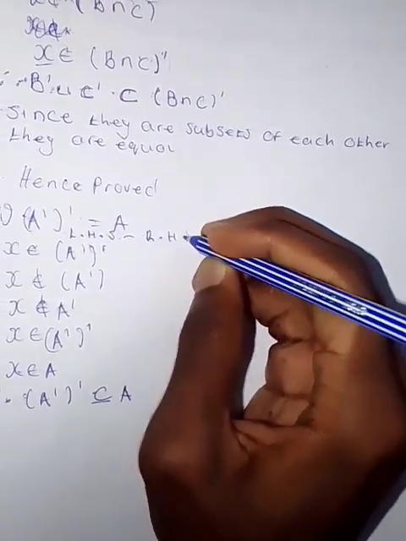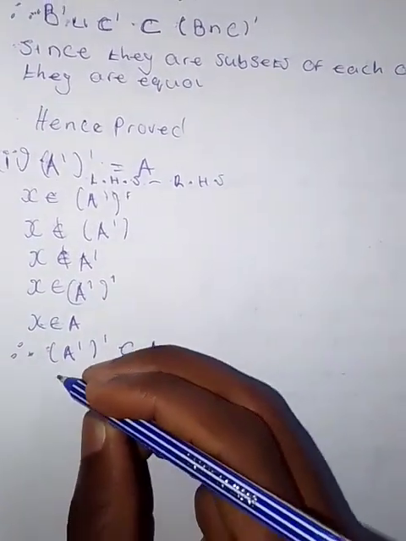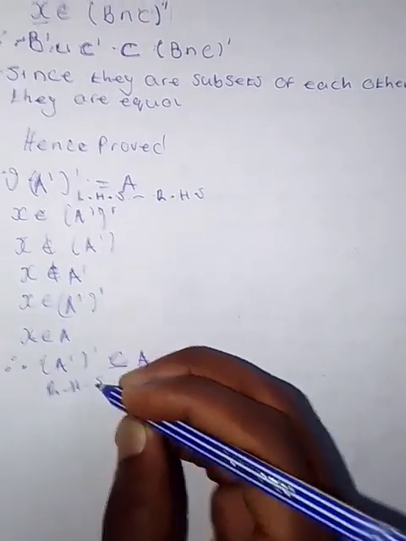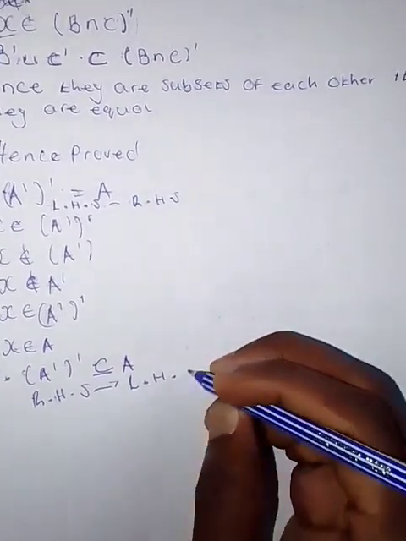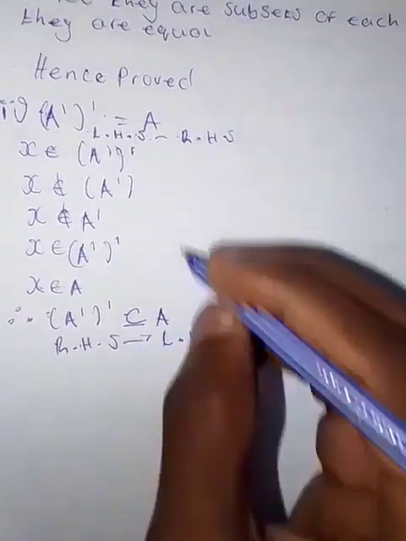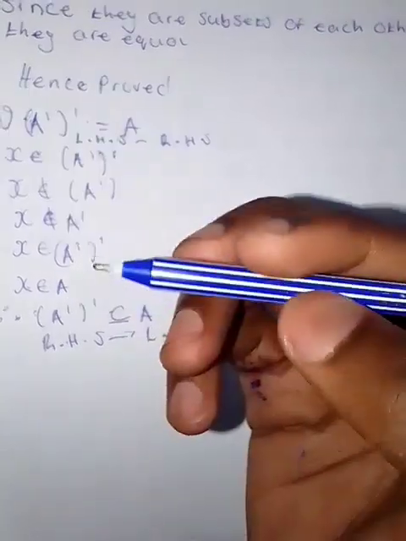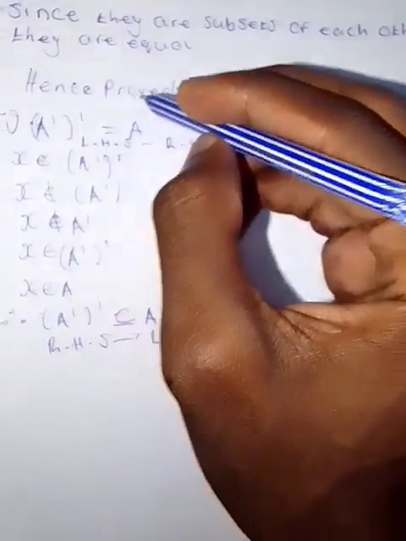So now let us prove the right hand side to the left hand side. Now we are going to get this A. We are going to assume. Here the key is that the way you prove this one, you are just going to reverse it when you want to prove the other side.